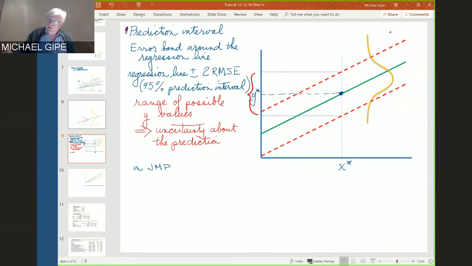But this red dotted line here gives us a really good measure of the goodness of our model for prediction, and that line is y plus 2 RMSE, and the line below is minus 2 RMSE.